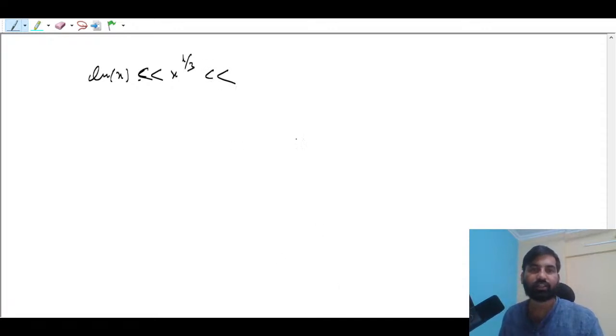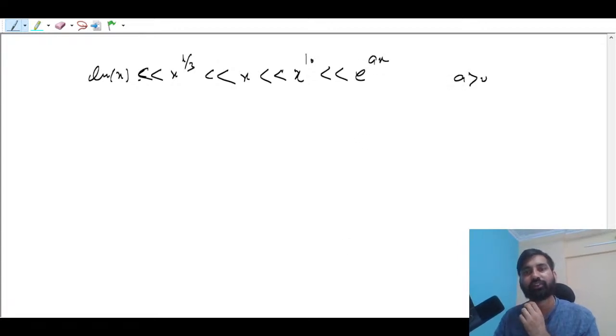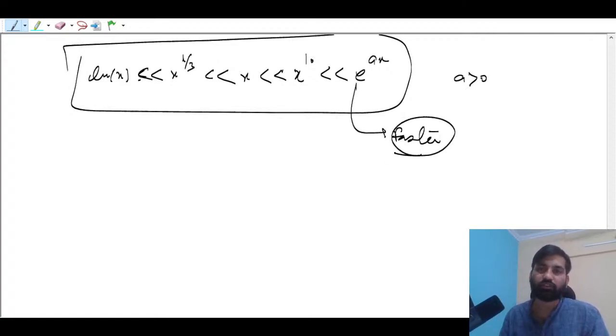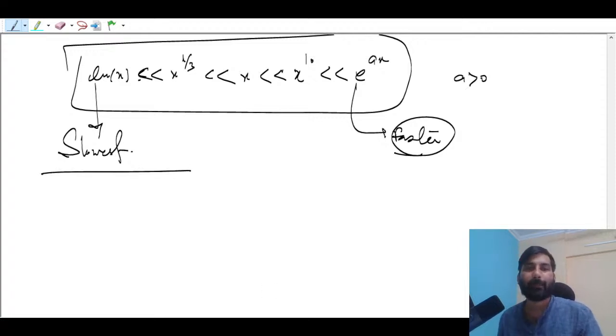And then you can say x to the power 10, and e raised to power ax, but a must be greater than 0 here. So this guy is very fast, its rate of growth is very fast. This guy is the slowest among all, okay.